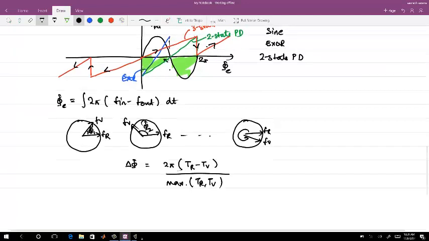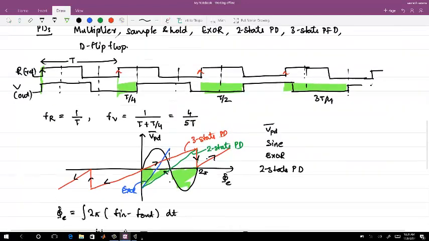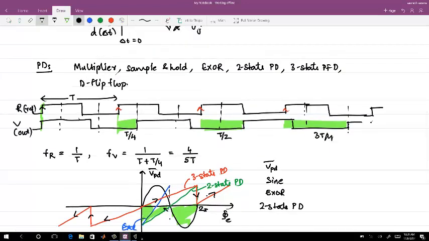Okay, so the way I have shown you here, that your reference and output signal, right? In the first reference cycle, you have 0. In the next reference cycle, you have T by 4. Then T by 4, the final is T by 2, right? So what are you accumulating in each cycle?